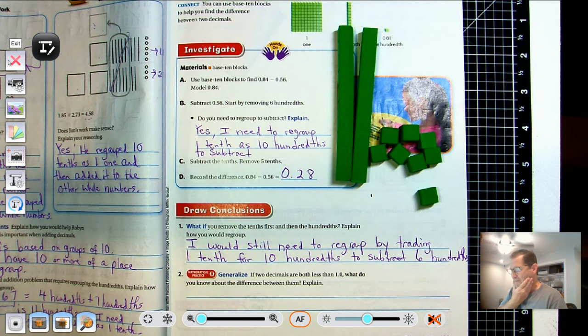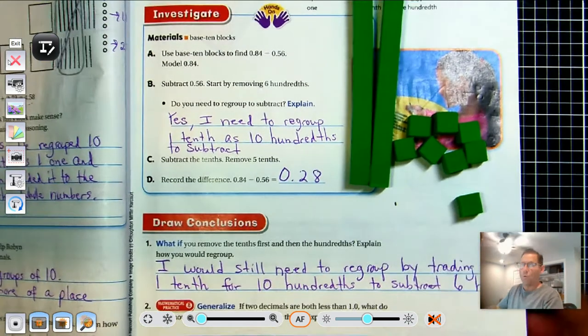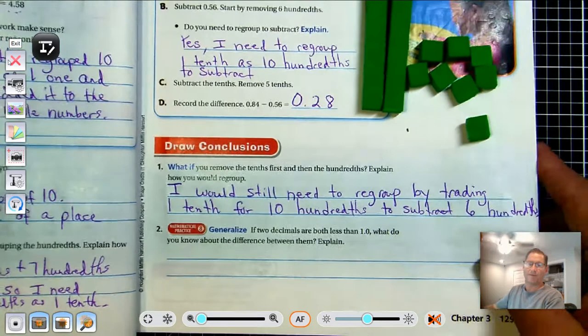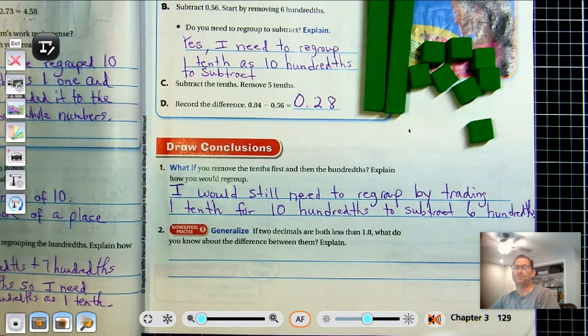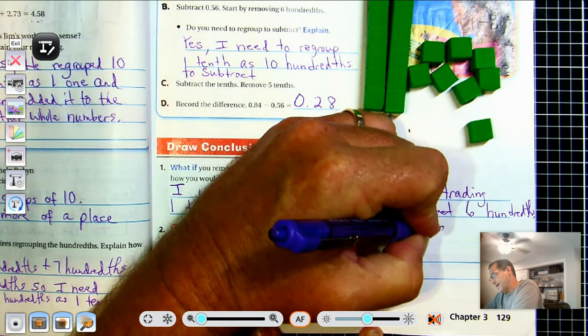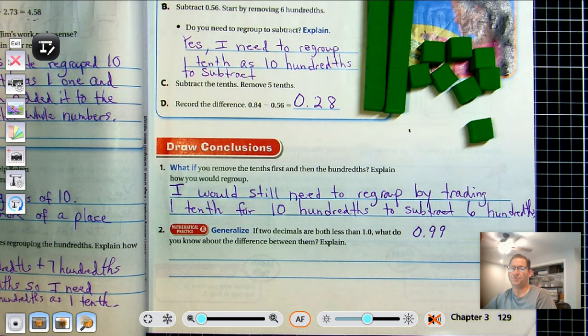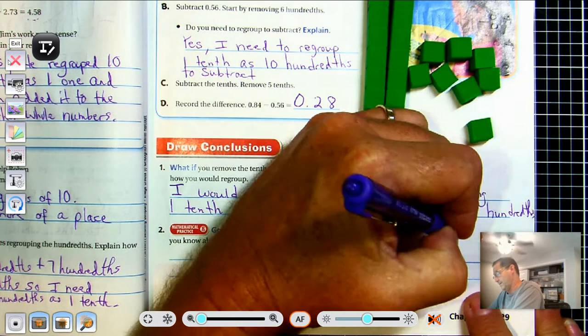All right. Well, let's see. If two decimals are both less than 1, what do you know about the difference between them? Well, what's the greatest decimal less than 1 in the hundredths place? That would be 0.99, right? What would be the smallest hundredth less than 1? 0.01, right?